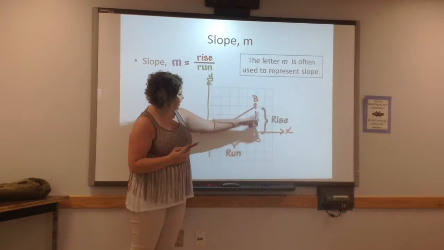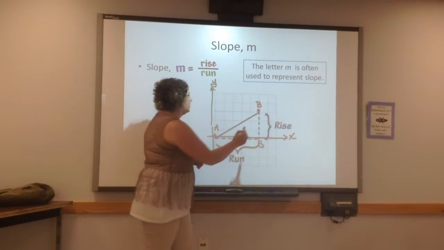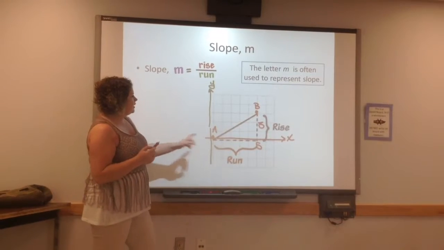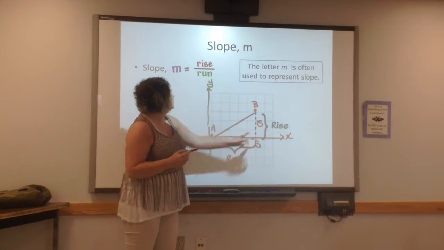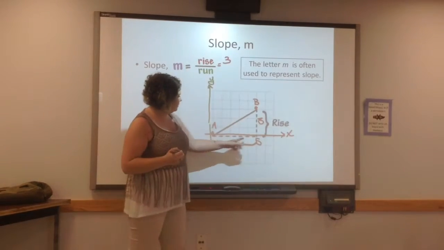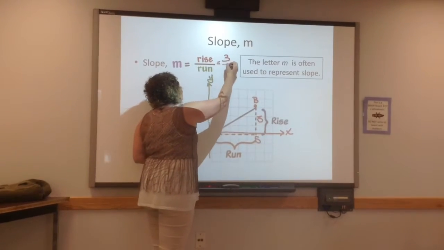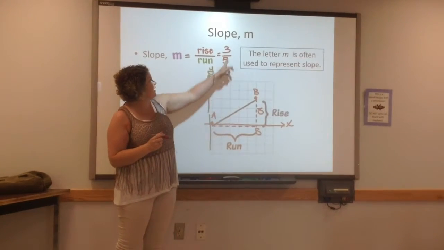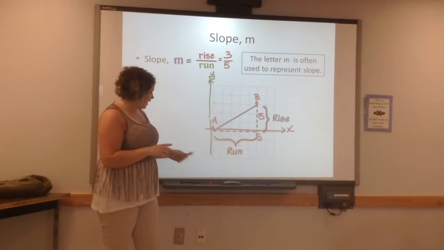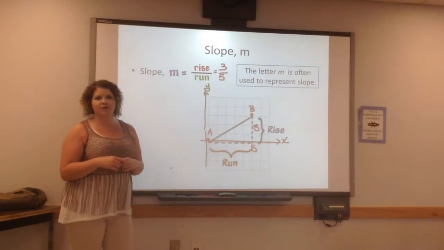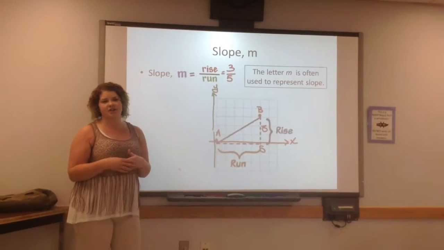And we would have to move up 1, 2, 3. So our rise then is 3, and we run over 5. So the slope of this line here is 3/5. And if we wanted to, we could change this to a decimal and report the slope either as a decimal or as a fraction.